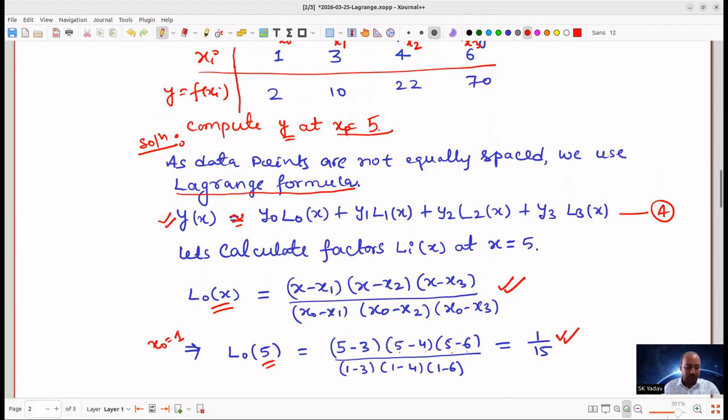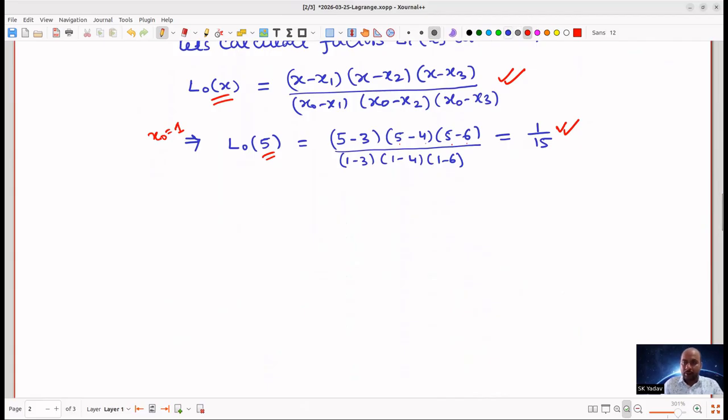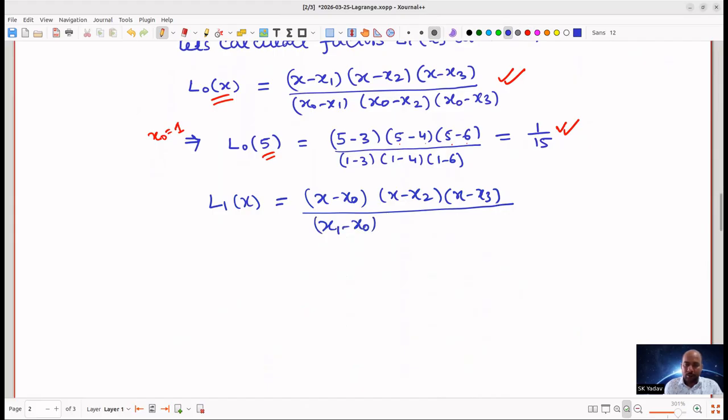Similarly, you can compute the remaining factors. Let's see these remaining factors. Now I have L1(x), which we can write as x minus x0, x minus x2, and x minus x3, divided by x1 minus x0, x1 minus x2, and x1 minus x3.